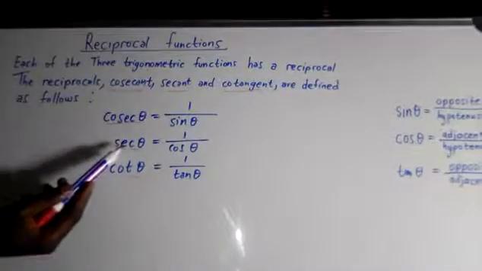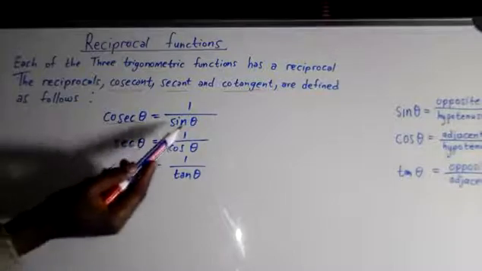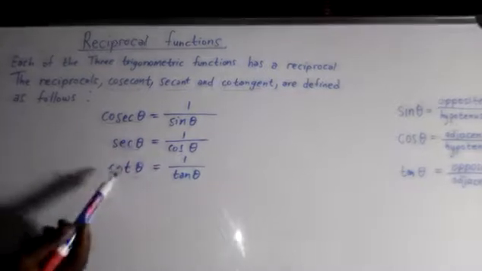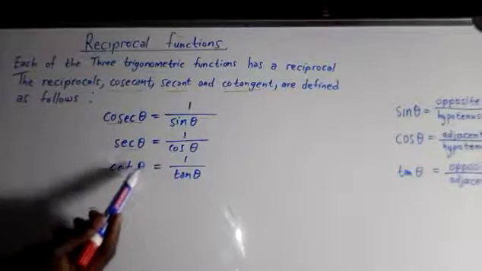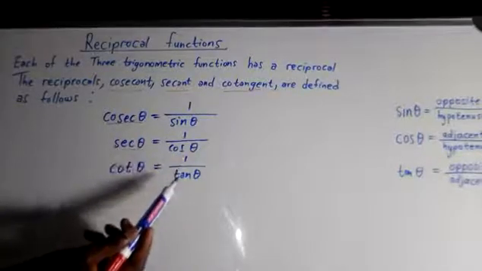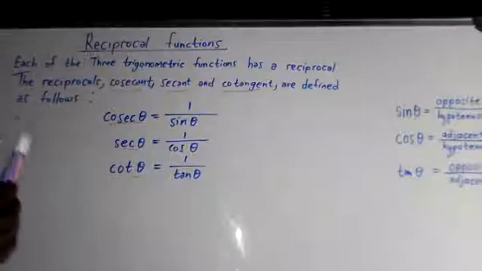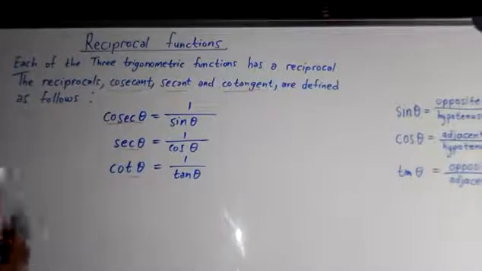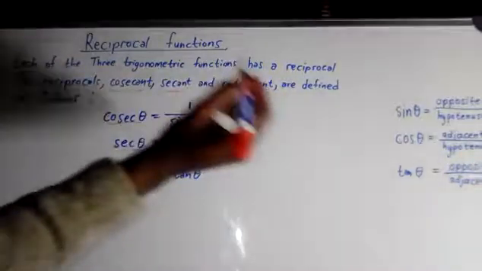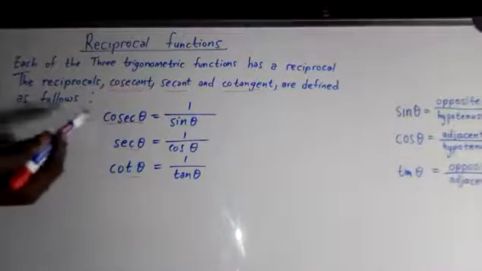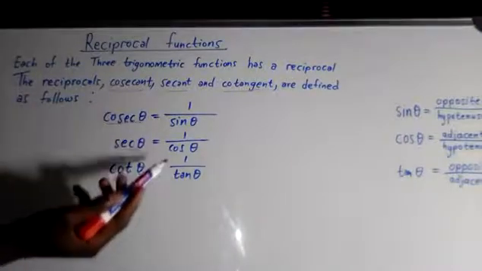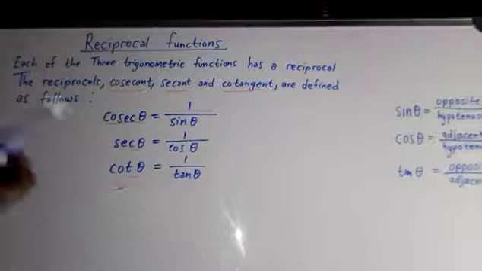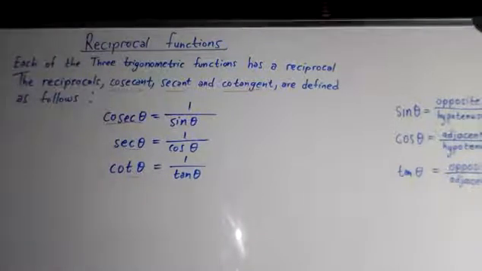The sec of an angle theta is equal to 1 over cos theta. And cot of an angle theta is equal to 1 over tan theta. So reciprocal functions are 1 over your common trigonometric ratios. So for cosec, 1 over sine, sec is 1 over cos, cot is 1 over tan. So it's 1 over your trigonometric ratio that we are used to.